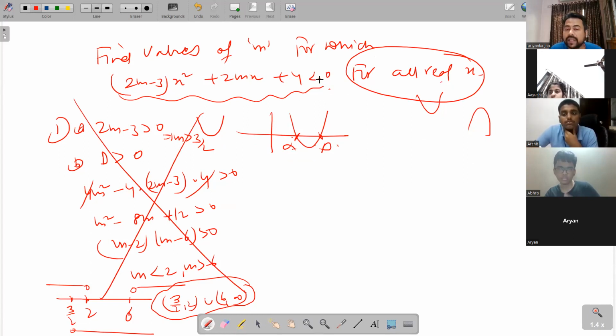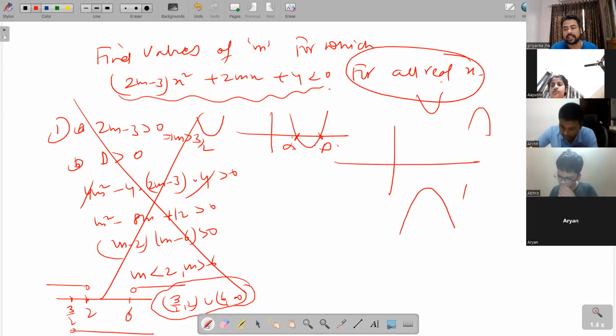So see, the graph will be negative for all x. It means that the graph cannot have an upward shape, because it's like a ray of light. You cannot stop it. So the graph has to be like this only. This is the only possibility. This case can't be possible, and this case can't be possible. So you can see that the leading coefficient has to be negative and the discriminant has to be negative.